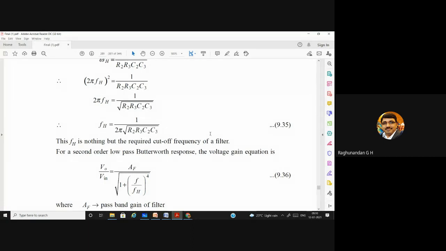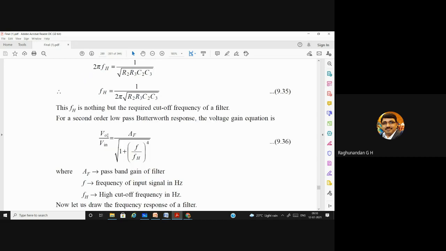So, for a second order low pass Butterworth response, the voltage gain is given by V naught by V in is equal to AF by root of 1 plus F by FH to the power of 4. If you remember the equation for the first order low pass filter, what was the equation?